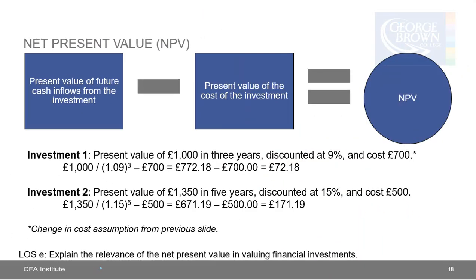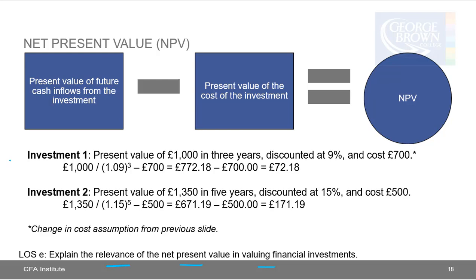Now we're moving on to learning outcome statement E, which is explain the relevance of the net present value in valuing financial instruments. Okay, so when the initial outflow for each investment is the same as in the example on the previous slide, using present values as the criterion is appropriate for comparing investments. But of course, investments may not have the same initial cash outflow, and outflows may occur at times other than at time 0.